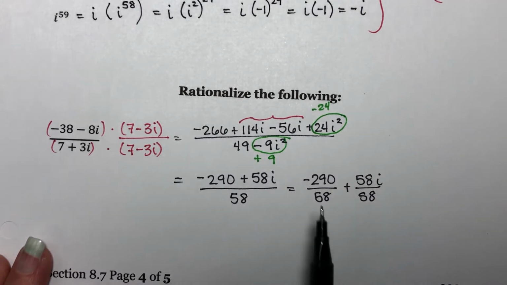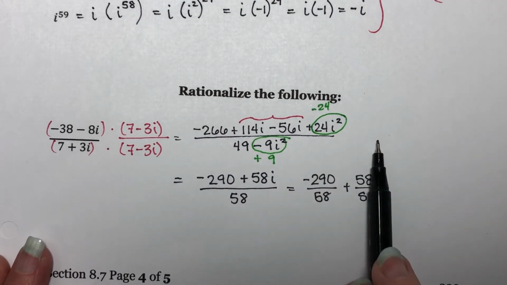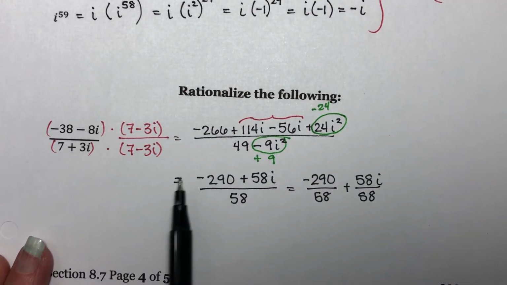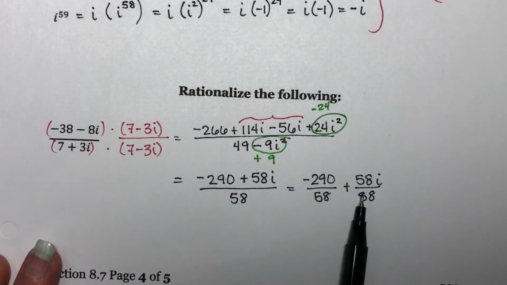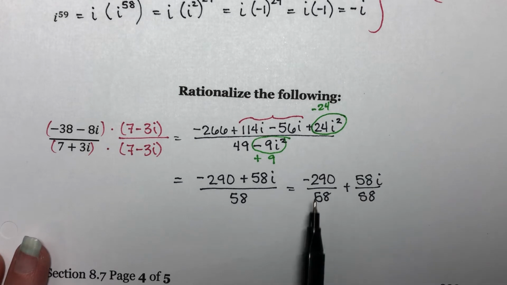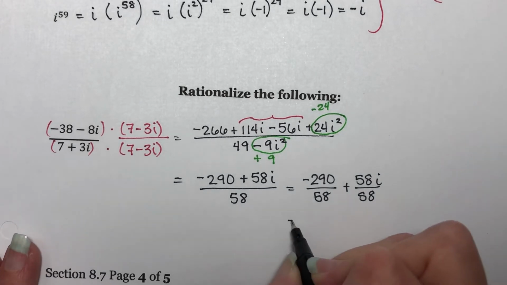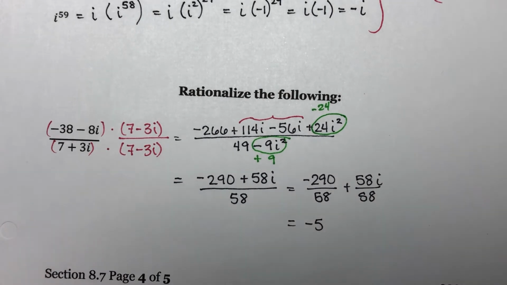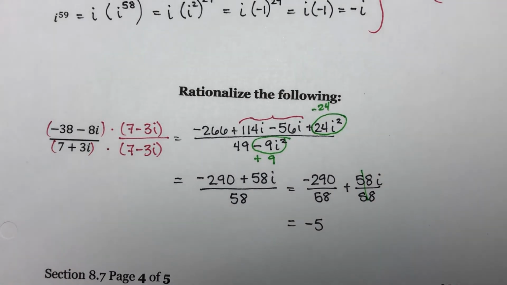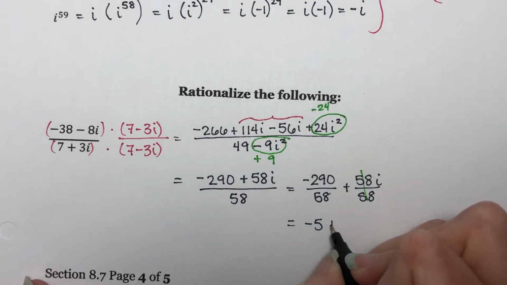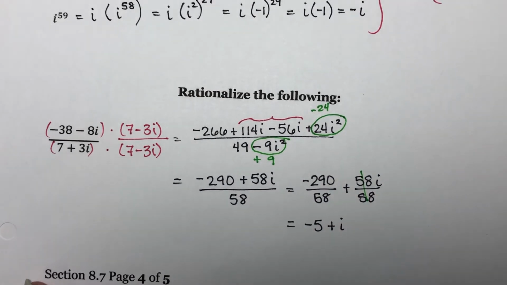And that's because they want the real part separate from the imaginary part. And right here, they're not completely separate. Now you would reduce each of these fractions as much as possible. Negative 290 over 58 divides evenly and you get a negative 5. And then here, your 58s cancel out. So you get negative 5 plus i. And that is your answer.